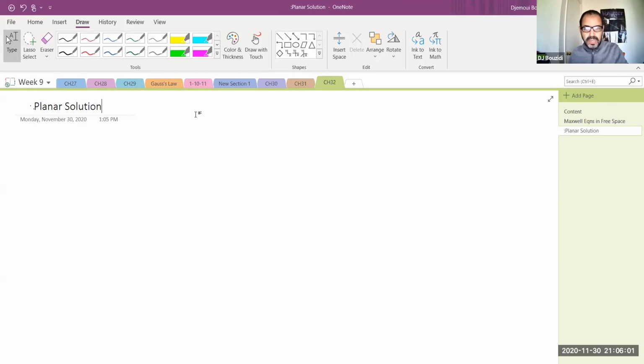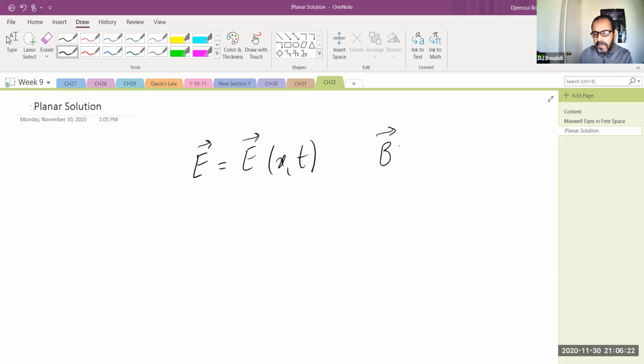I'm going to assume that the electric field is only dependent on one variable in terms of space, but also in terms of time. And the same thing for the magnetic field.